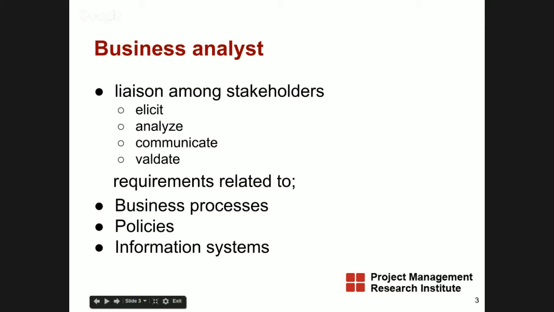And when it comes to information systems, you may have to validate the requirements related to information systems as well. Is it really required? What is the real problem? What is the solution? Validating both, the alternatives analysis, everything gets into the picture.